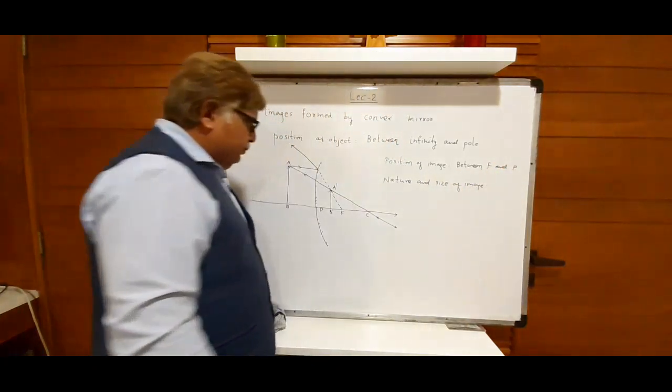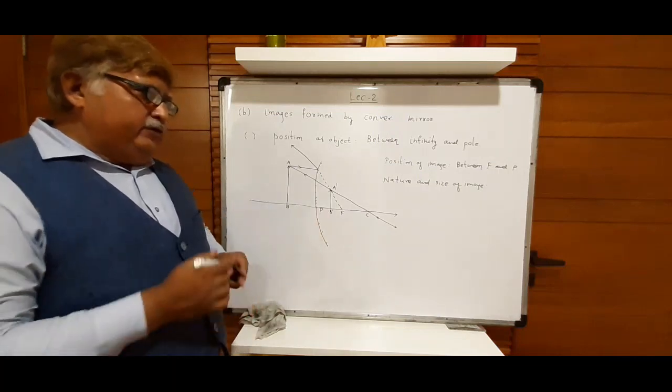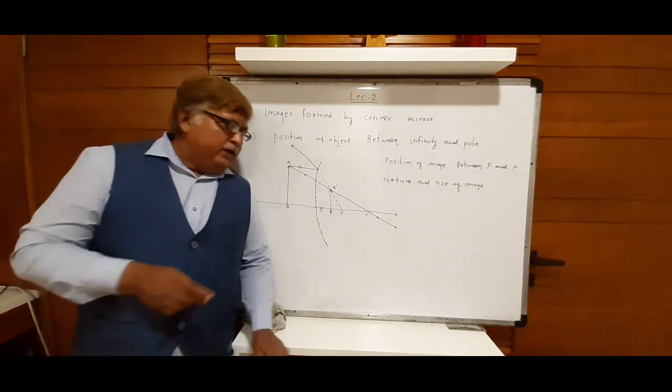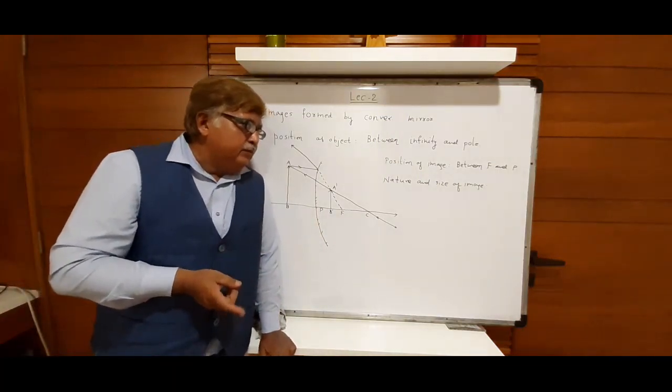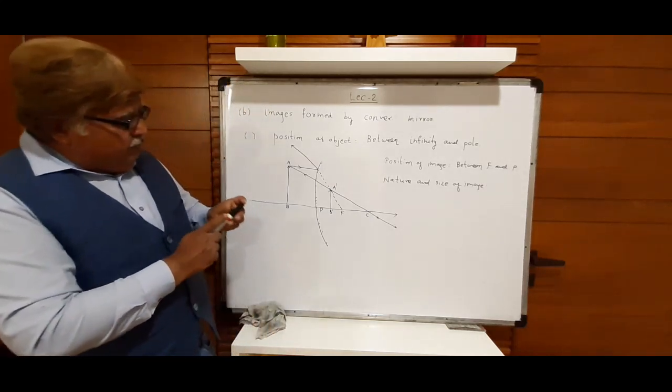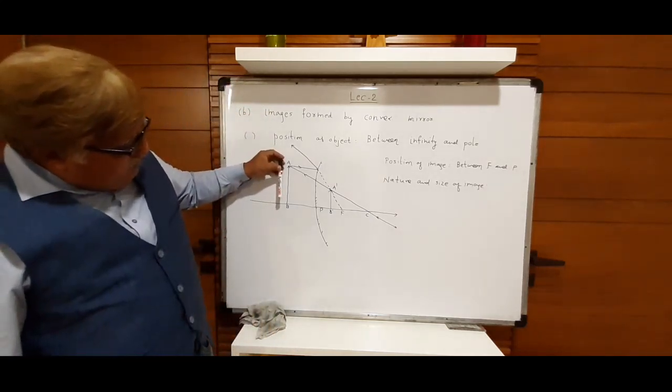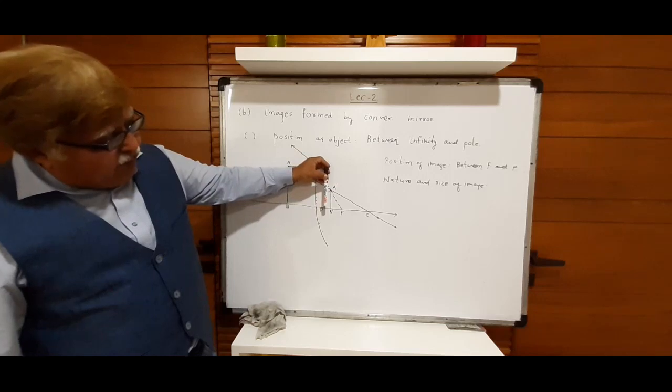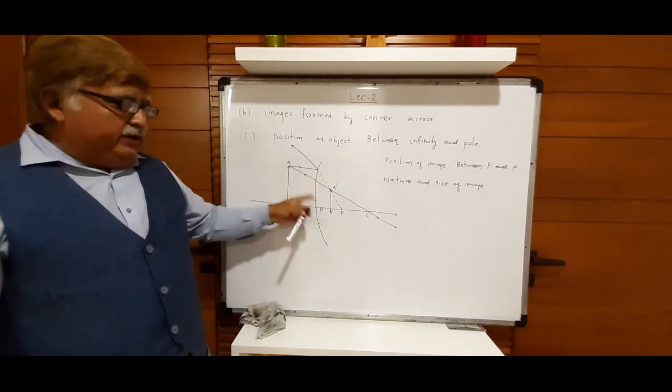Okay. What is the nature and size of the image? Can you guess from this diagram? This was the object, upright. The image is also upright and perfectly erect, but it is smaller.